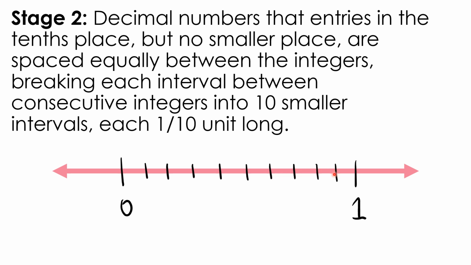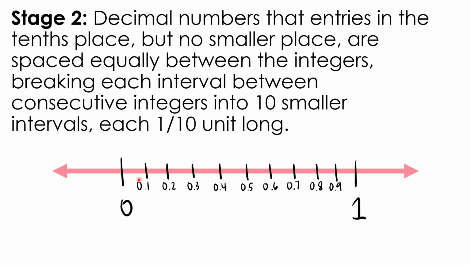All right, why 9 tick marks? Because that breaks it up into 10 little intervals. 1, 2, 3, 4, 5, 6, 7, 8, 9, 10. So the little pink spaces in between the tick marks, those are our intervals.